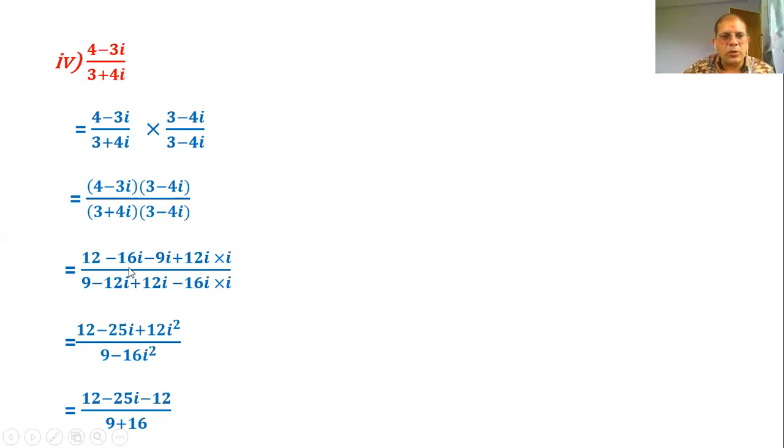It is a square minus b square. The term 12 stays exactly the same. Minus 16 minus 9 is minus 25, and 12i into i square. Now 12 stays, minus 25i stays, but 12 into i square is 12 into minus 1, which is minus 12, divided by 9, and minus 16 into minus 1 is plus 16.